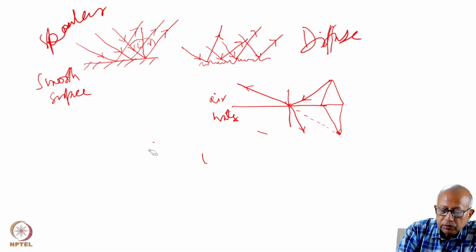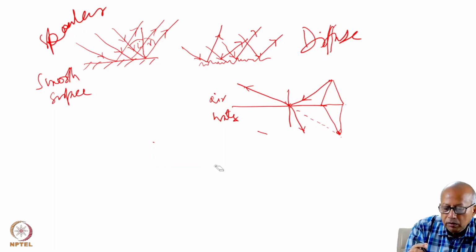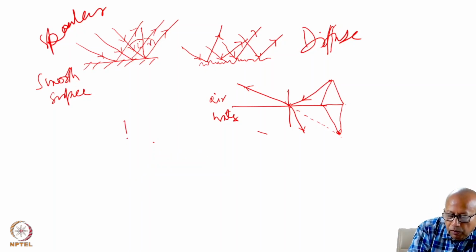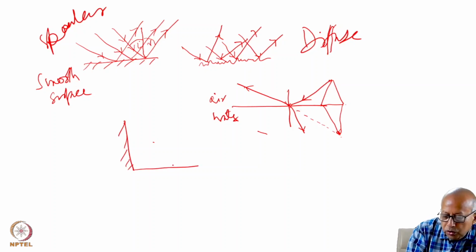An example of such a retroreflector can be thought of as two plane mirrors which are inclined to each other at a right angle.